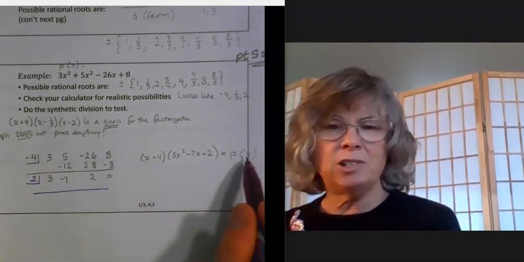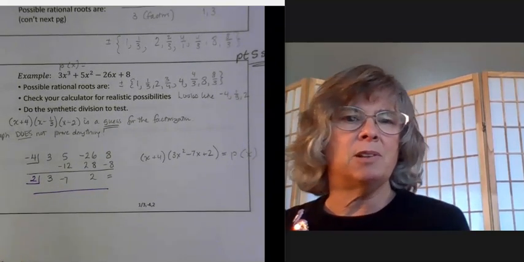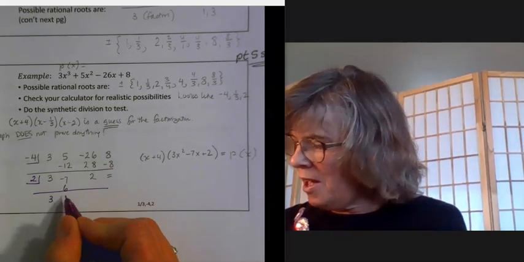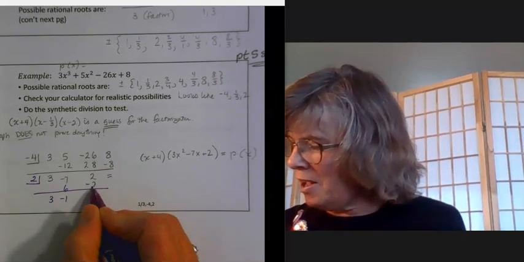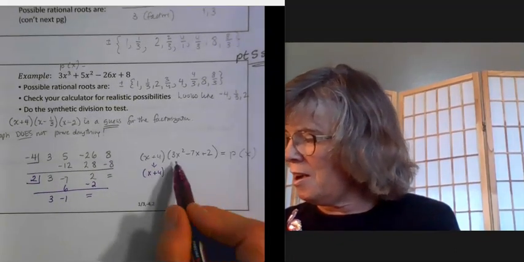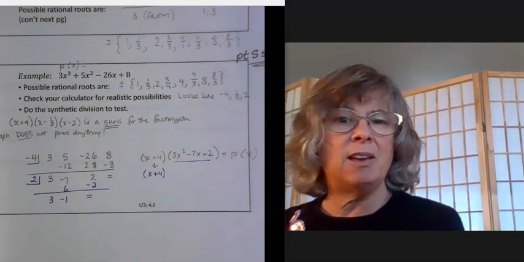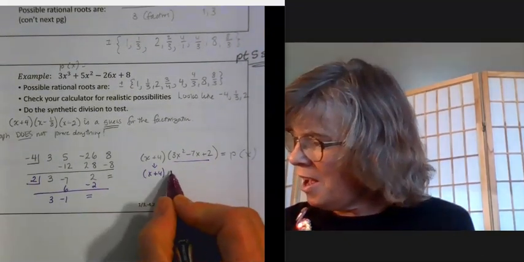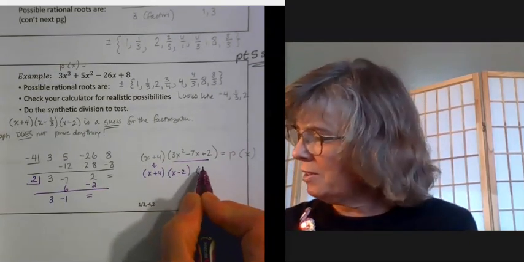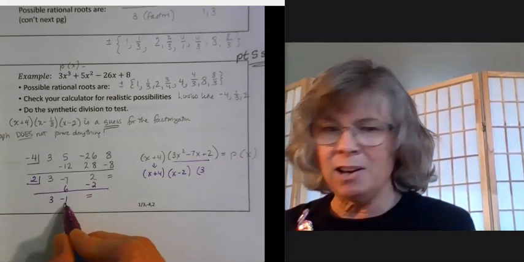I've written the multiplication here to help keep myself straight, and then I'll bring down the 3, multiply, add, multiply, and check it out. So I can say, okay, I'll bring down my x plus 4, right? And now I was factoring this using synthetic division as x minus 2, and what am I left with? 3x minus 1.